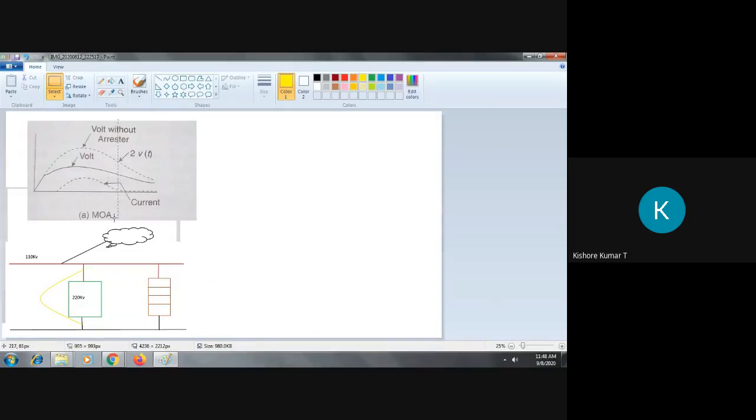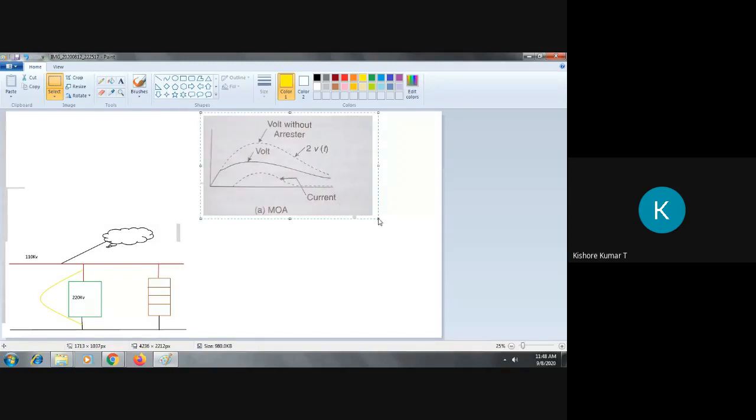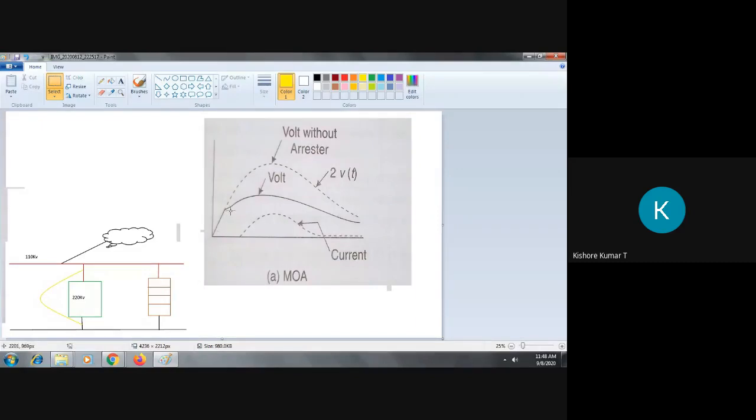Now coming to the metal oxide lightning arrestor. If you see the characteristics exhibited by a metal oxide lightning arrestor, see here. E point దగ్గర చూడండి. The operation of the lightning arrestor will be done from this instant itself. ఈ పాయింట్ దగ్గర నుంచే లైట్నింగ్ అరెస్టర్ యొక్క ఆపరేషన్ అనేది స్టార్ట్ అవుతుంది.